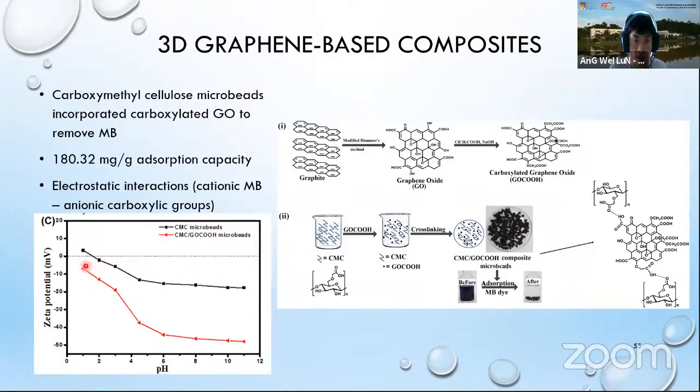But if you combine it with graphene oxide, you can make it more negatively charged. When it is more negatively charged, it will have a better removal of the cationic pollutants, the opposite charge, as in this case.